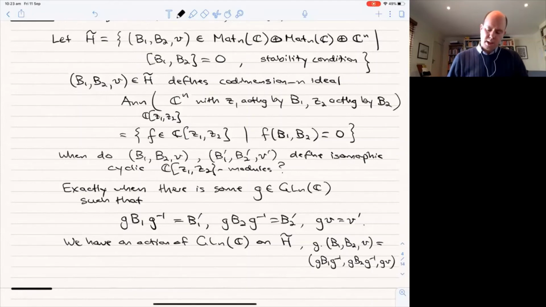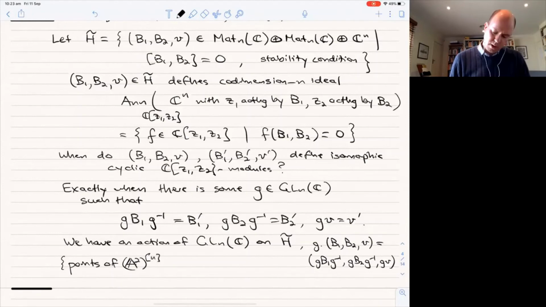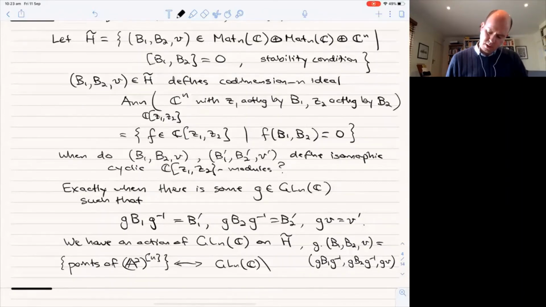And what we're saying now is that the set of points of the Nth Hilbert scheme of A2 is in bijection with the set of GL_n(C) orbits in the set H tilde.